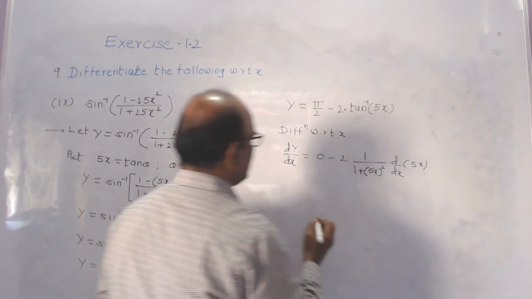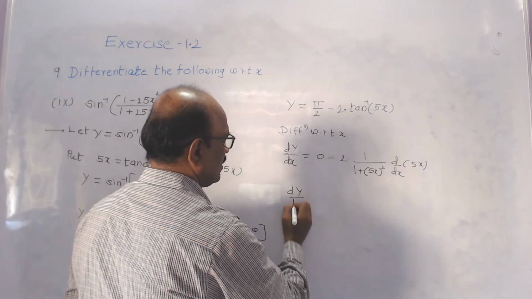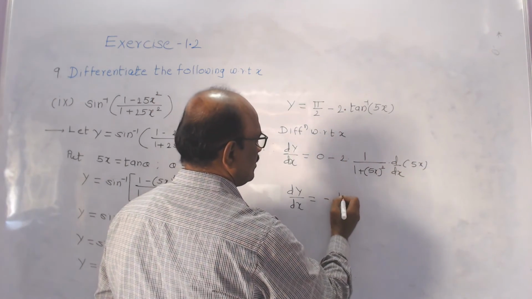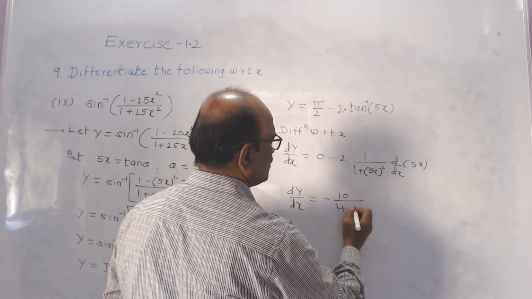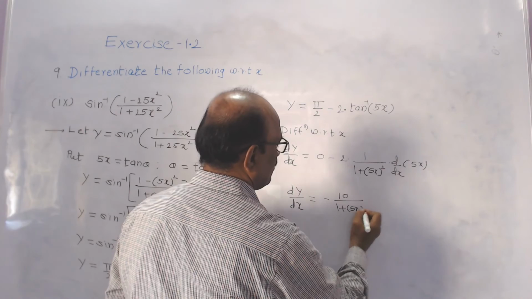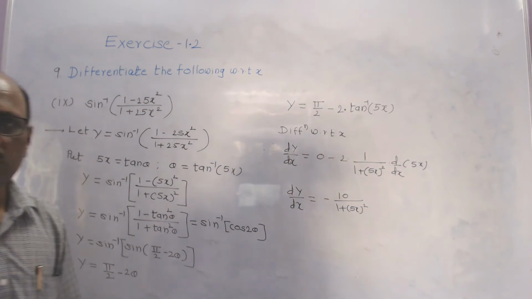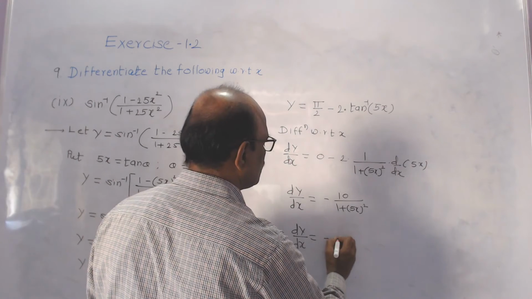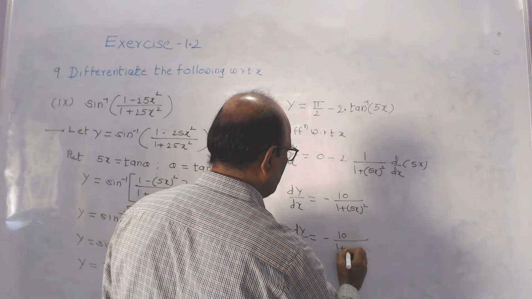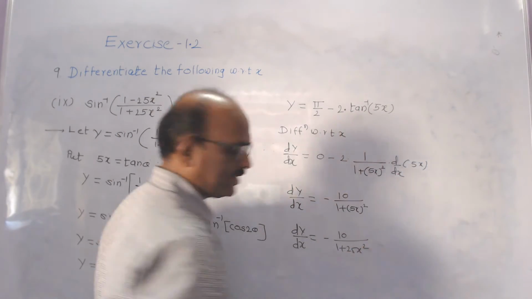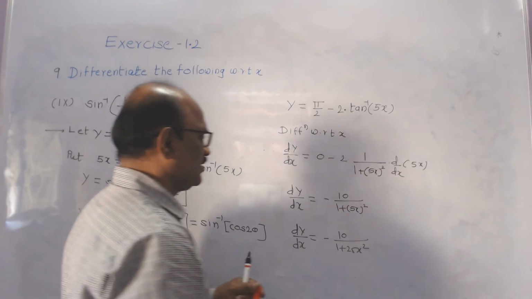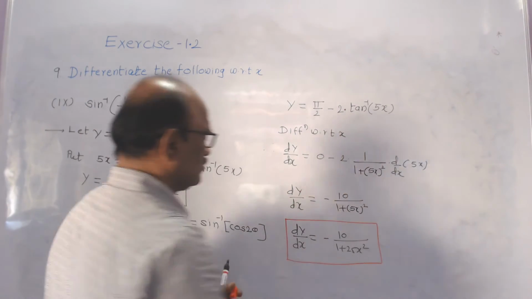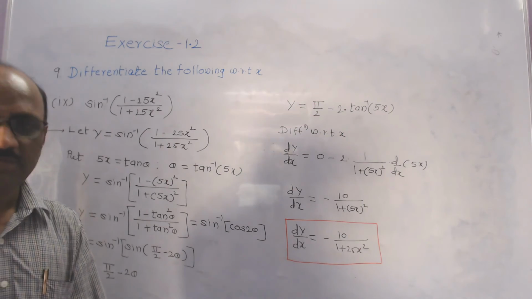Derivative of 5x is 5. 2 into 5, that is minus 10 upon 1 plus (5x) bracket square, or you may write here dy by dx is equals to minus 10 upon 1 plus 25x square.